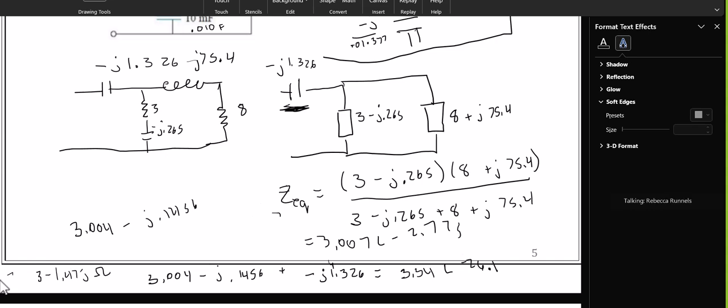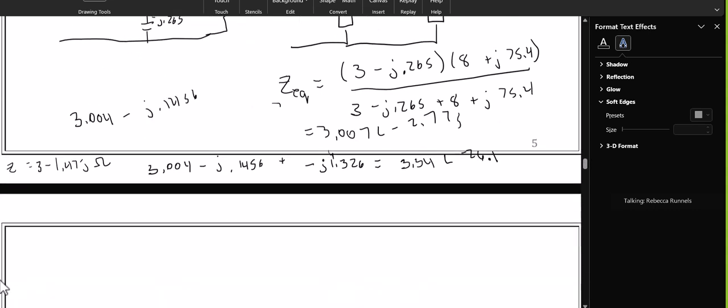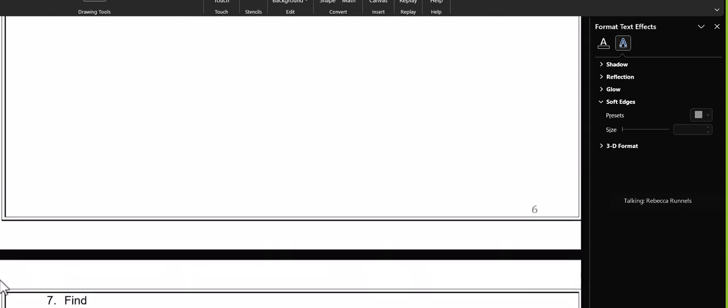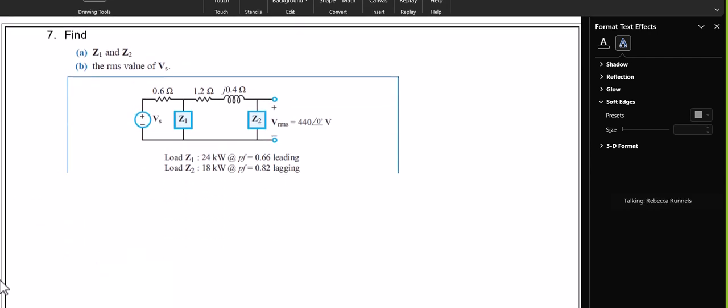Impedance is in ohms. Okay, so that one, not terribly exciting, but he has given problems like that on finals sometimes. So you sometimes see that.